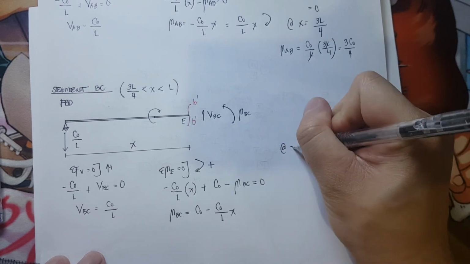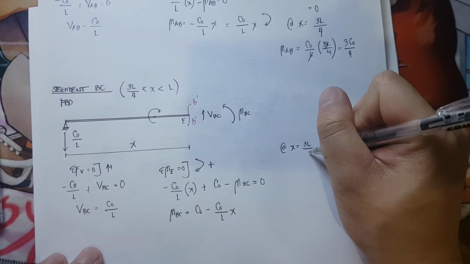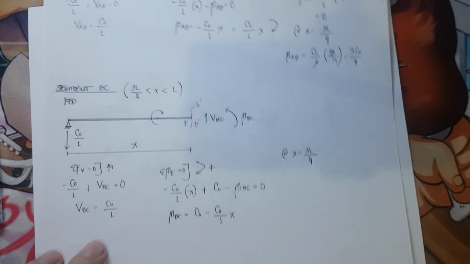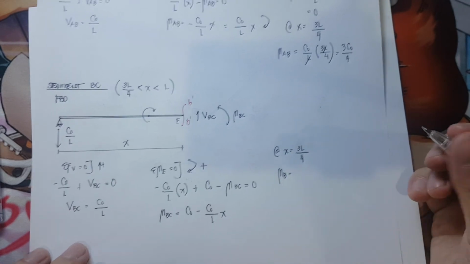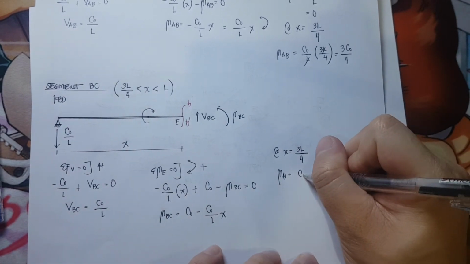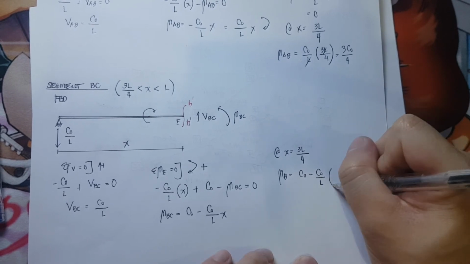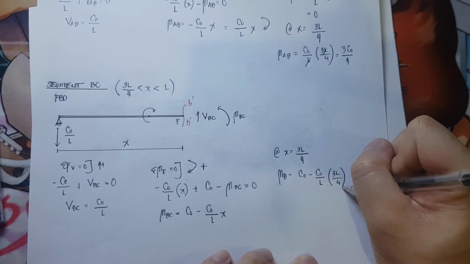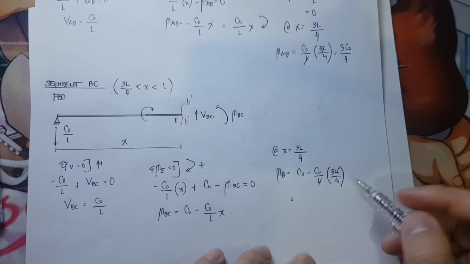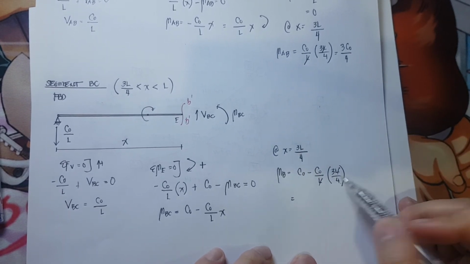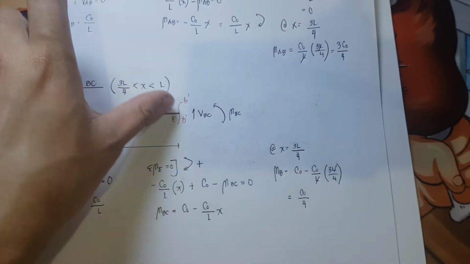So at x is equivalent to 3L over 4, MBC is equivalent to C of naught minus C of naught over L times 3L over 4. L will cancel out. Then 1 minus 3/4 is equivalent to C of naught over 4.